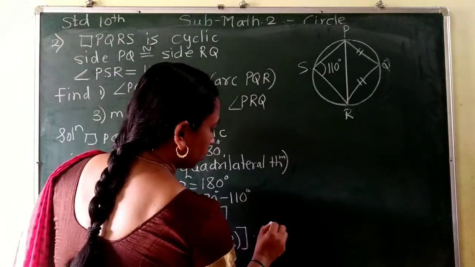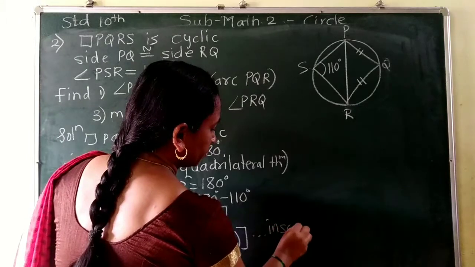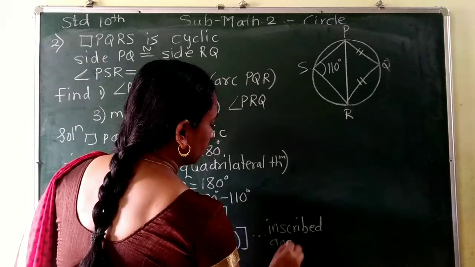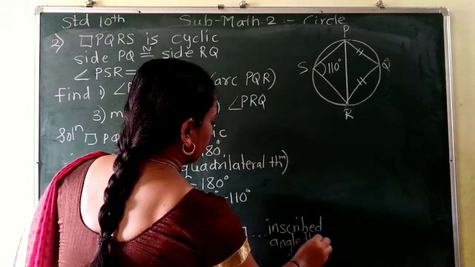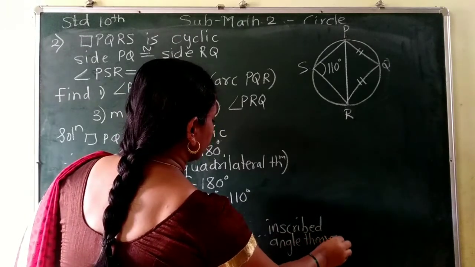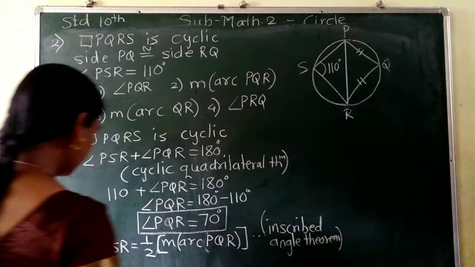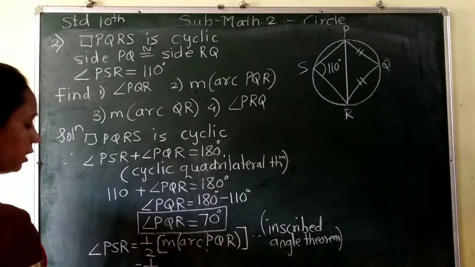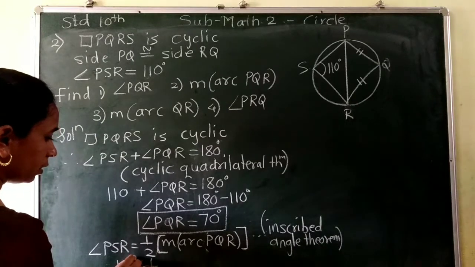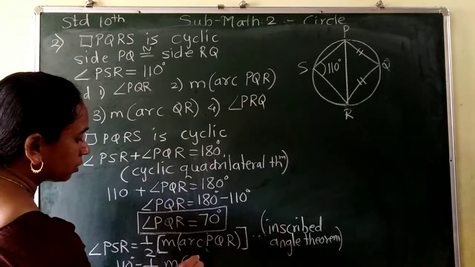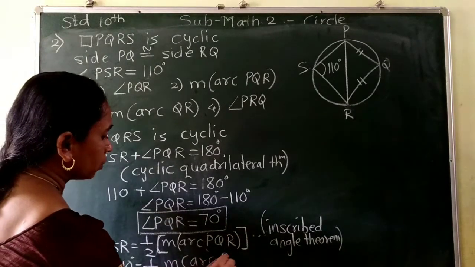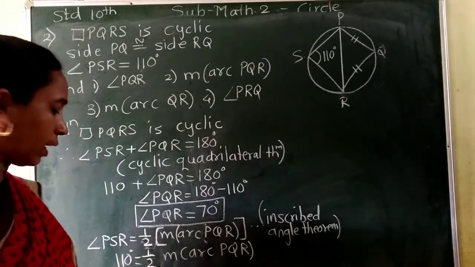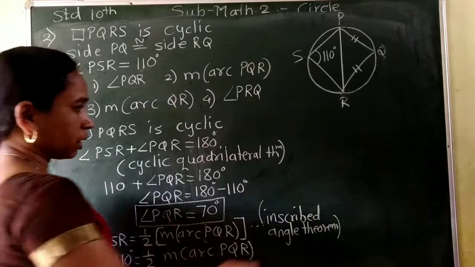So reason: inscribed angle theorem. Put the values: 1/2, angle PSR is given as 110 degrees. So measure of arc PQR. To get the answer, we have to first transfer the 2 to the LHS.